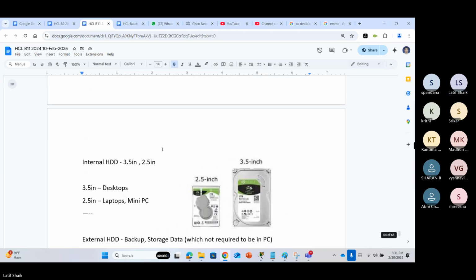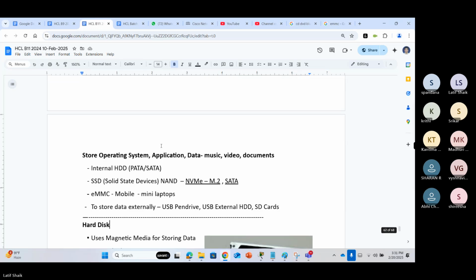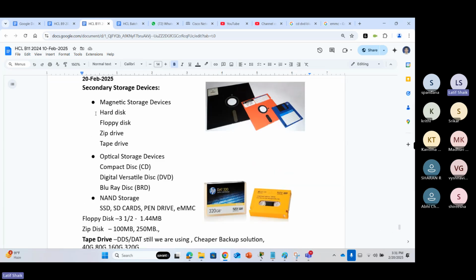Hard disk and SSD. I told about everything except hard disk details and SSD details, because that's the important part. What is the difference between hard disk and SSD?